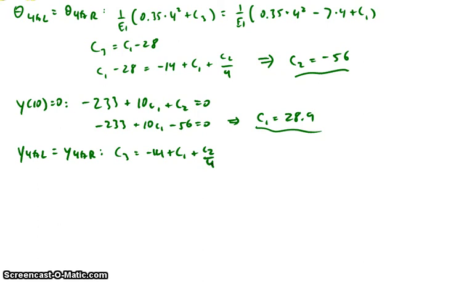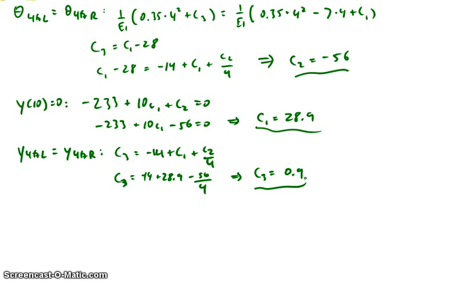We know everything except for C3, so let's plug in C1 and C2. So C3 is equal to negative 14 plus 28.9 minus 56 over 4. Therefore, C3 is equal to 0.9.